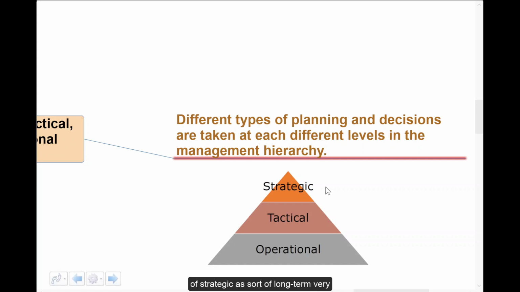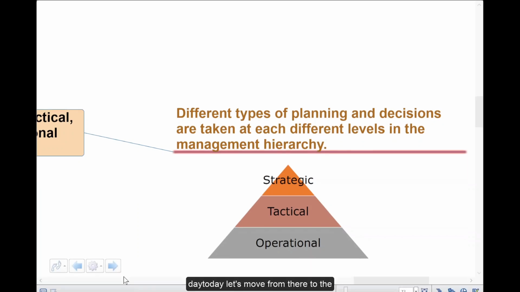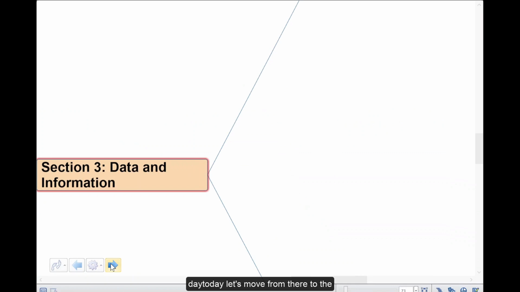So you might think of strategic as long-term, very important high-end decisions, tactical in terms of, well, how do we put those long-term high-end decisions into play in the short to medium term, and then outside of that, operational, day-to-day.